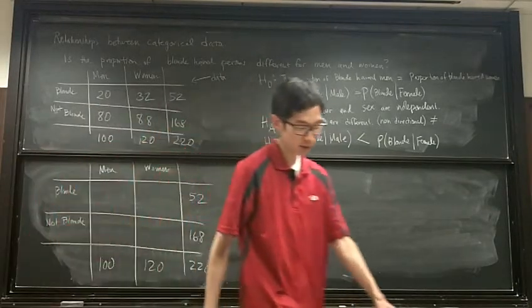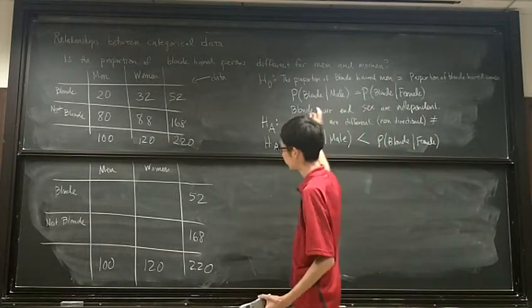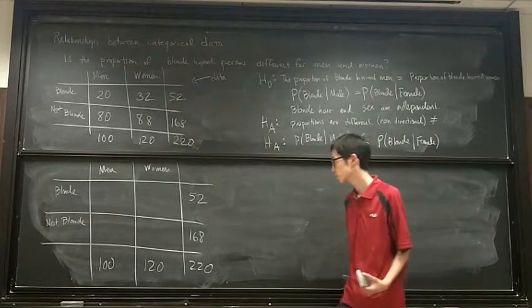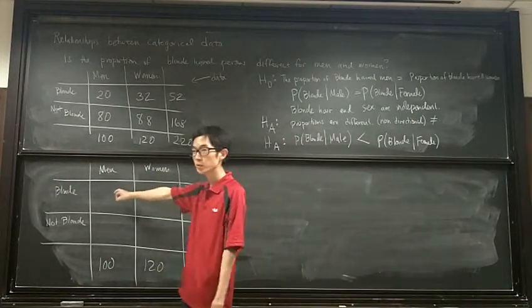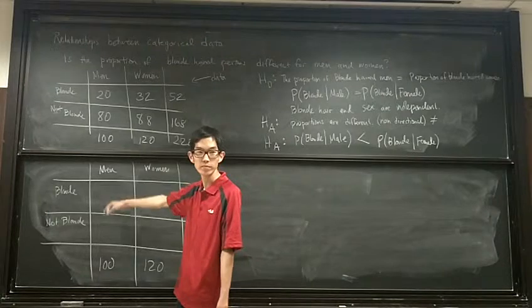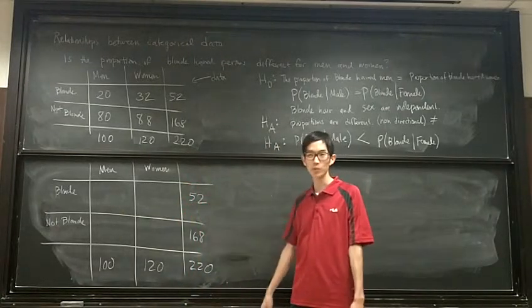Okay, so let's think about this. If the null hypothesis were true, how many blonde-haired men would I expect to see? Well, what was the overall proportion of blonde-haired people?